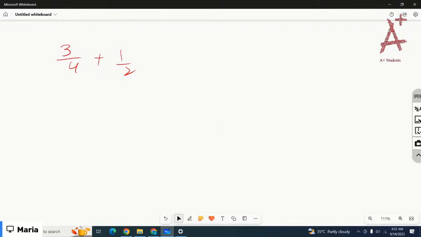Both the fractions have different denominators. First of all, you have to make the denominators the same, right? You have to make this denominator equal to 4. So 2 times 2 makes 4. You have to multiply this fraction by 2. It is 3 over 4 plus 1 times 2 divided by 2 times 2.